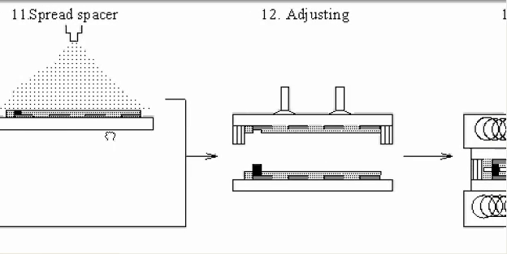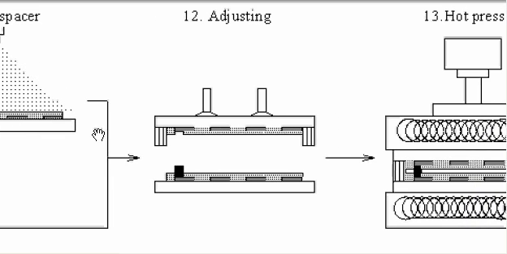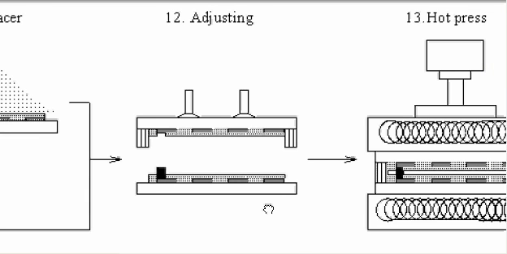And then we will put two glasses together. You can see the top glass is with the seal around the cell, and the bottom glass is with the conductor here. So we assemble them together.